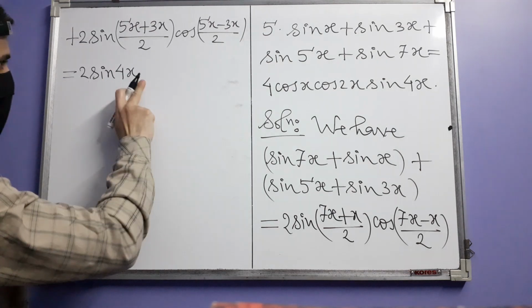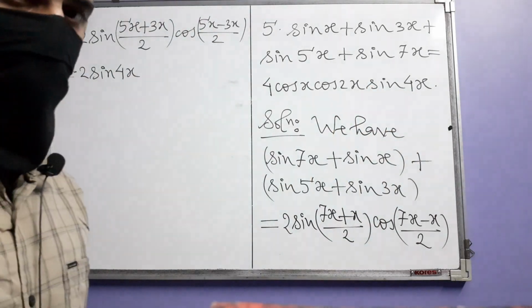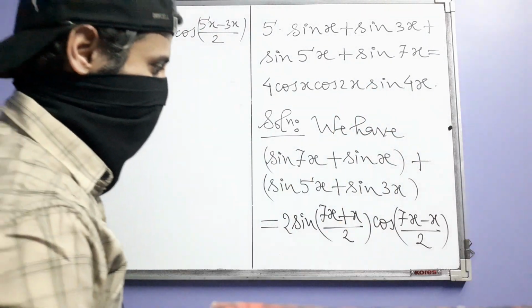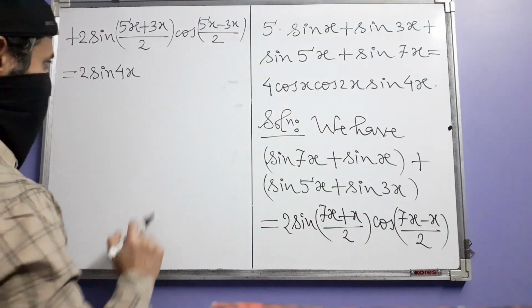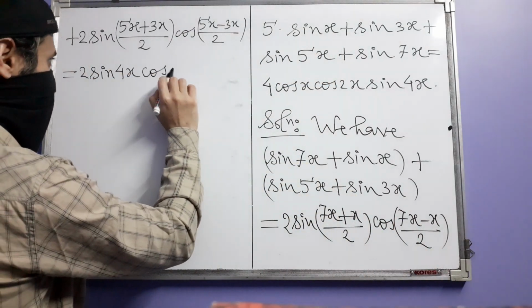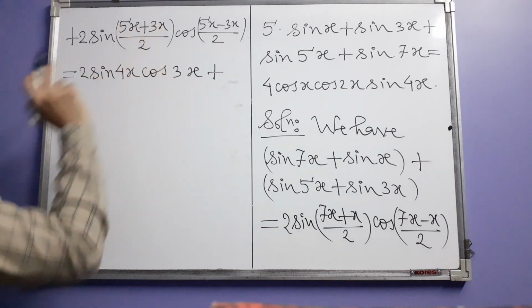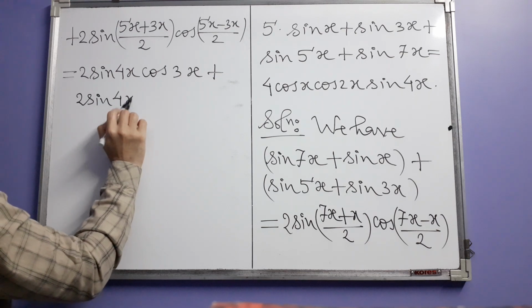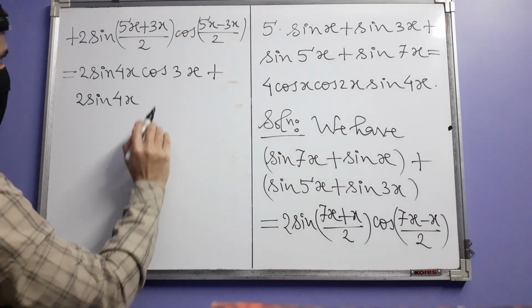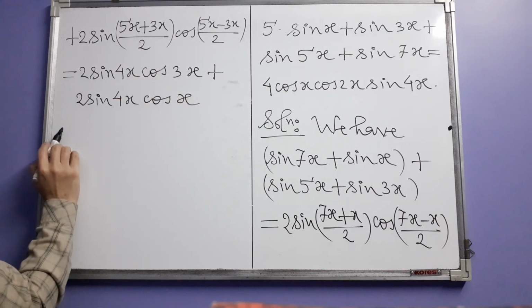Do you see this sin 4x? This is actually going to be our common term which will come outside. And what is this? 7 minus 1 is 6, 6 over 2 is 3. Plus, here also 8 divided by 2 is 4. And this one, 2 divided by 2 is 1.